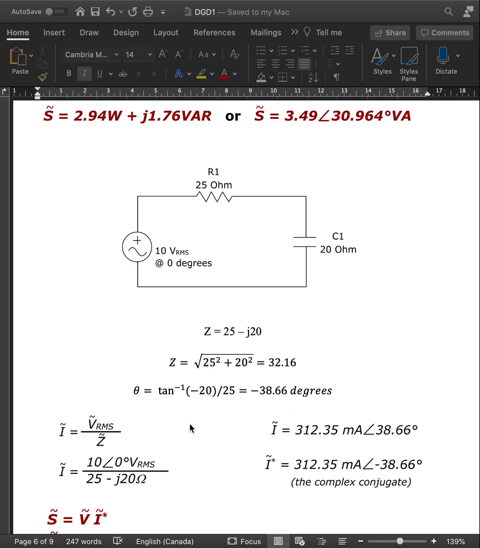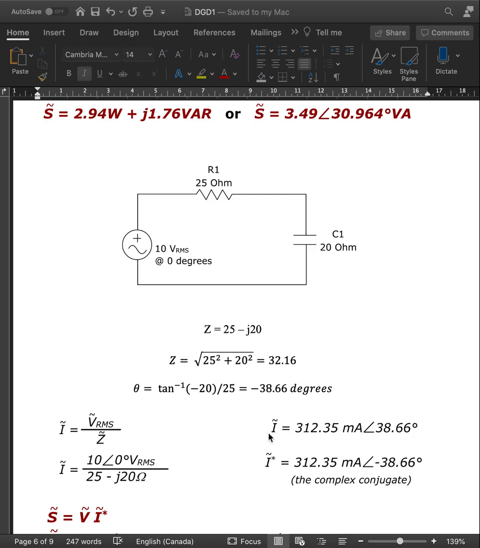All right, and then we move again to the basic calculation, which is calculating the current in the circuit: Vrms angle 0 divided by 32.16 angle negative 38.66 degrees, and we get the current to be 312.35 milliamperes, angle 38.66.